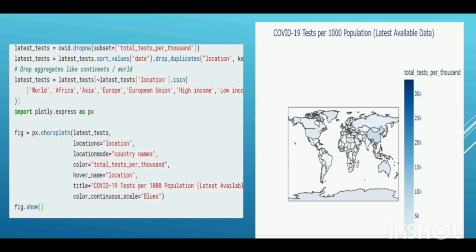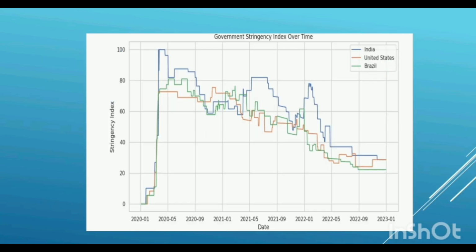The map highlights the global disparity in testing capacity, with wealthier regions testing much more than developing ones. This is very important because without proper testing, it is impossible to identify infections early or implement effective control measures. The next part of the analysis was about government response.